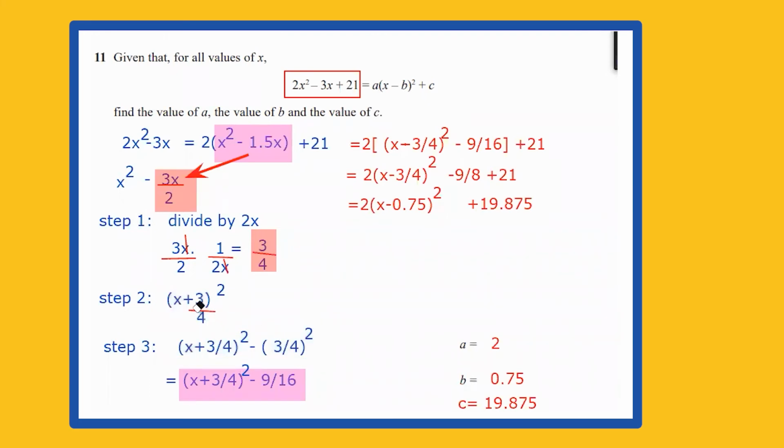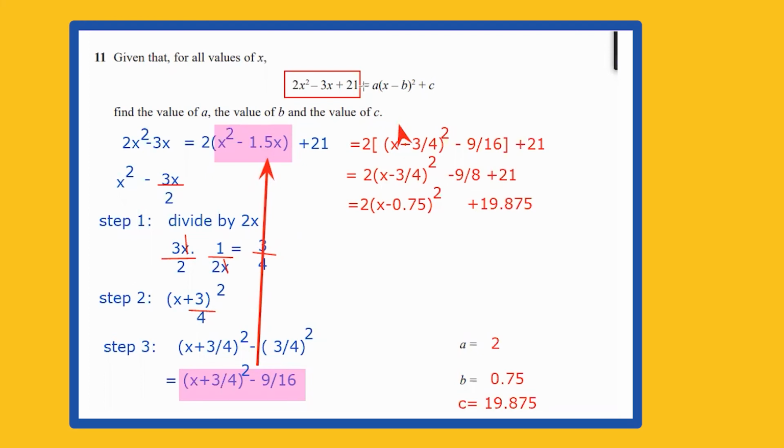All right. Now, what happens here is I'm going to move all of these things back into the original equation. So I have this. I'm going to move this back over here. So if I do that, I end up with 2 into x plus 3 over 4. Oh, these are minus, sorry.